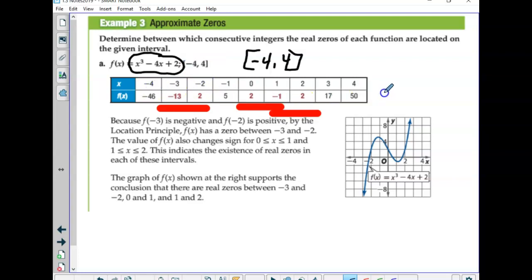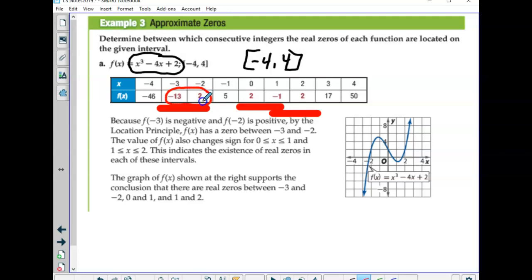Now, what this theorem or idea is asking us is, from -4 to -3, the graph was negative the whole time. The y values stayed negative. Do you see that? From -3 to -2, though, the y value changed from negative to positive. That means somewhere in there it crossed the x-axis.